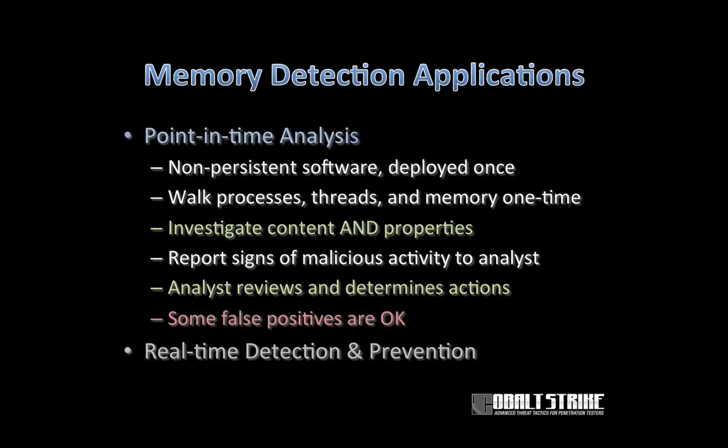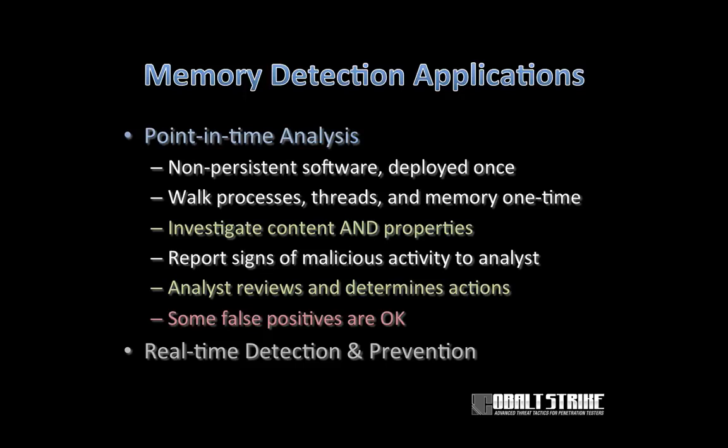Let's start with point-in-time analysis. Point-in-time analysis is what I most often associate with a hunt assessment. Point-in-time analysis might involve a non-persistent software agent run once that walks through a snapshot of the current processes, threads, and memory, looking at their content and properties for signs of malicious activity.